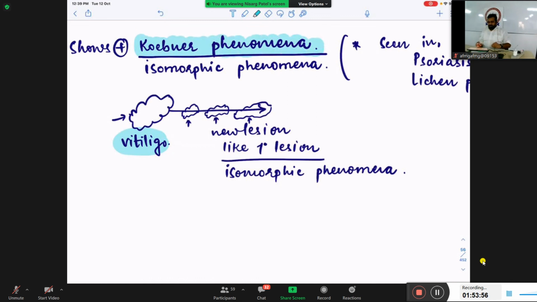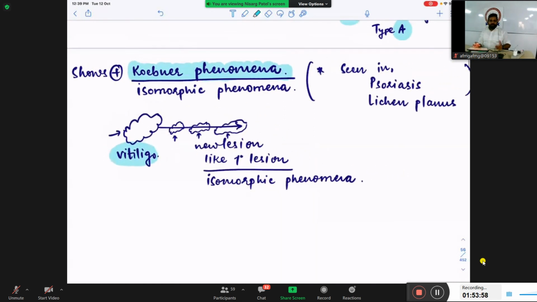As I told you, it will be seen in autoimmune conditions. What are these autoimmune conditions? Psoriasis is an autoimmune condition. Lichen planus is also an autoimmune condition. It is seen in psoriasis and lichen planus.